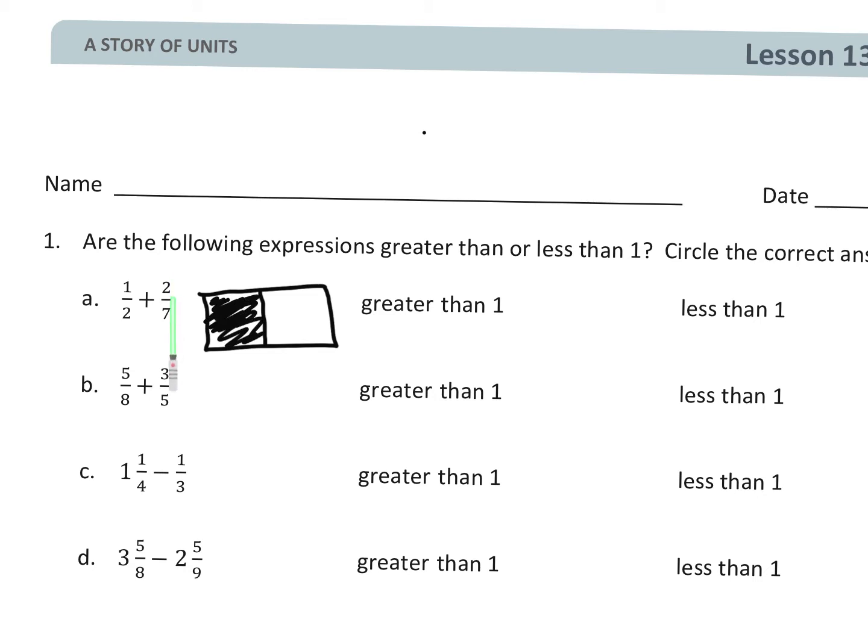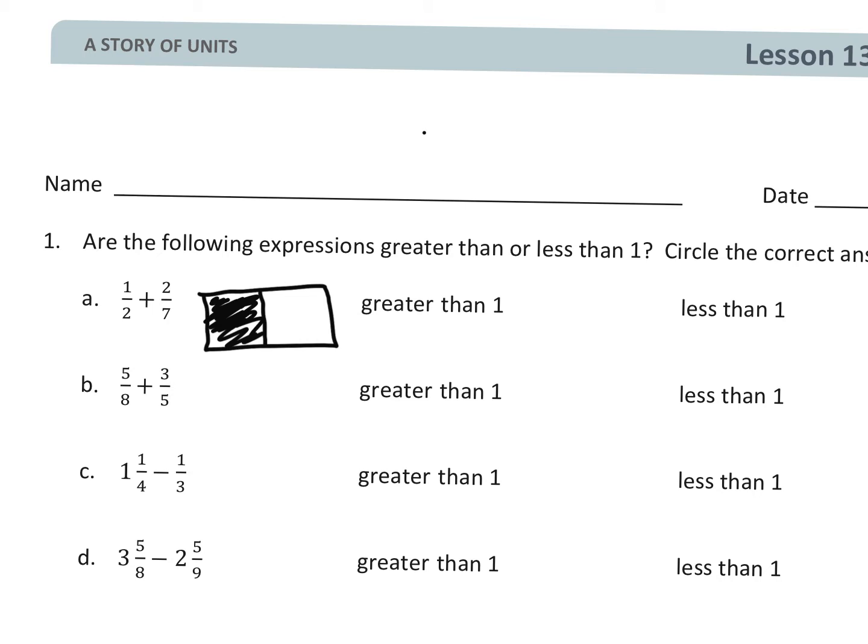But now I'm going to look at this 2/7, and I have to think, is 2/7 less than half or more than 1/2? Because the answer to that is going to determine whether I think it's greater than 1 or less than 1. So let's think.